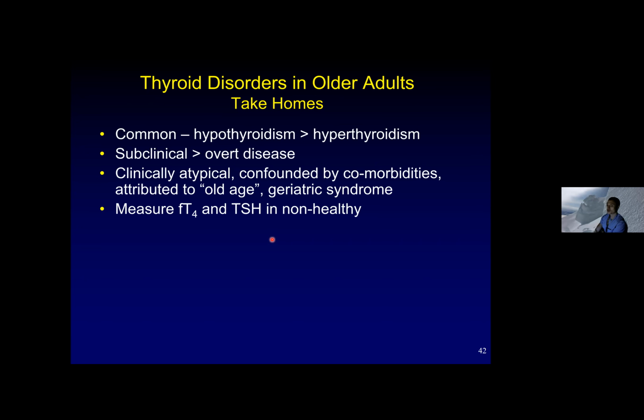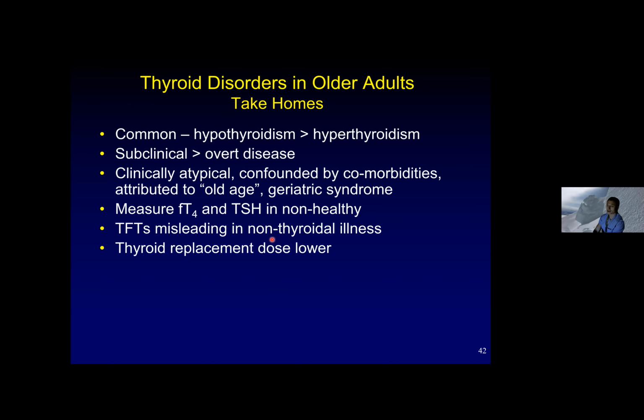It's important to measure both T4 and TSH in those individuals that are non-healthy. And we have to remember that if you're measuring somebody who's undergoing an acute illness, the TFTs have to be interpreted with caution because they can be misleading. So in most cases, it is recommended that we follow those up over time until the patient recovers before we implement any treatment.